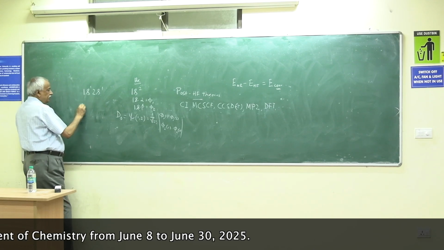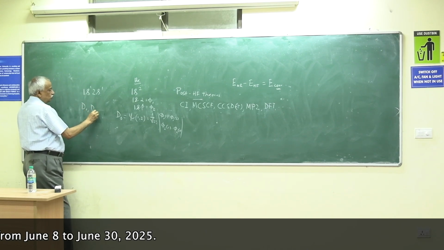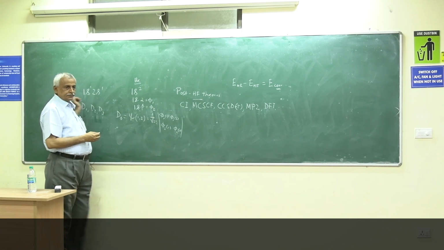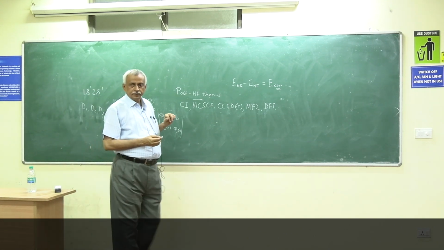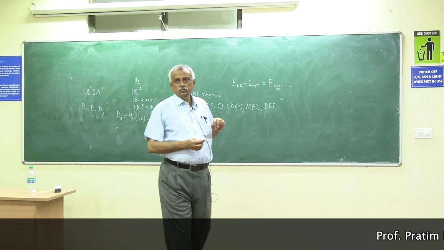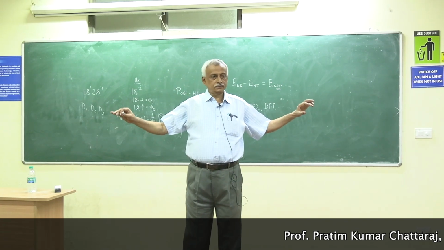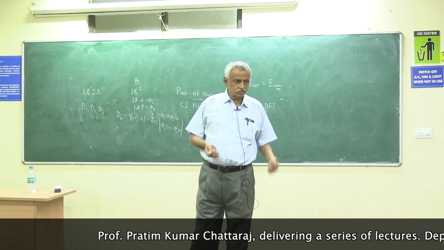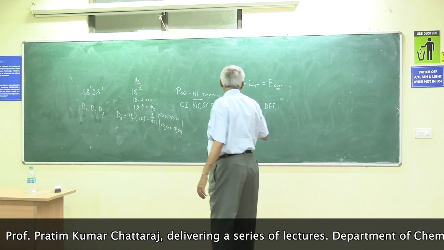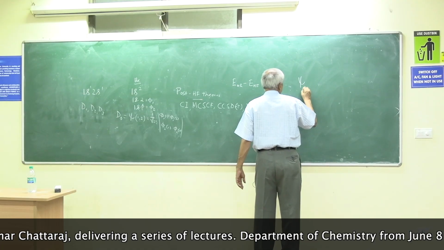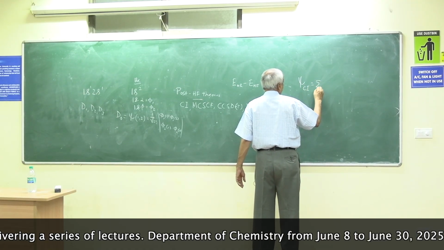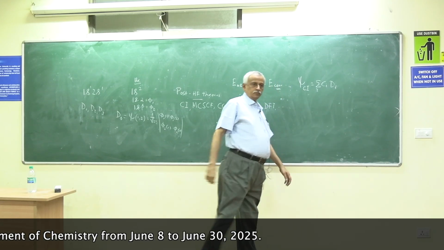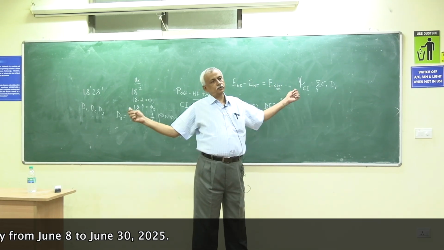So these are different, like D1, D2, D3, etc. These are various configurations. Now they are interacting, that's why it's called the configuration interaction process. So your psi of CI would be the sum over i of Ci Di. Now I am taking a linear combination of all those.